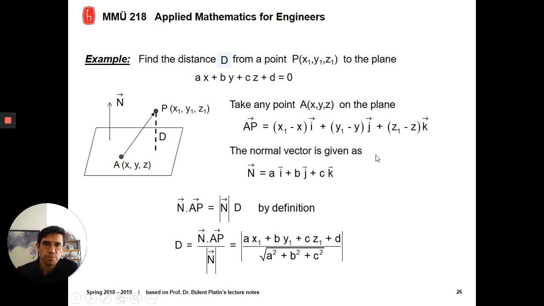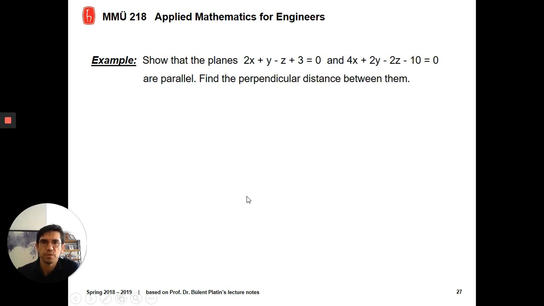So that I can do and write the AP vector and dot product it with the normal vector and divide by the normal vector's magnitude. So that's how you make a unit vector, and I'm interested in the AP's projection on the unit vector as my actual distance between my point and the plane.